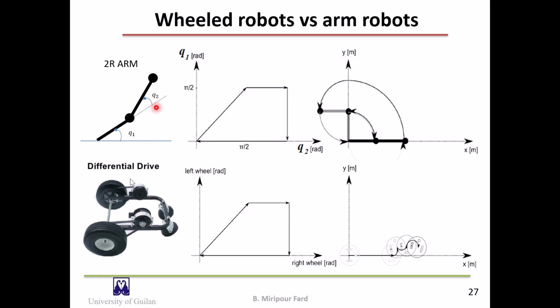The configuration space in this case can be represented as a two-dimensional plane. You can see that if a closed trajectory is traveled in the configuration space, the robot will return to the same initial position. In the right figure, you can see the robot.